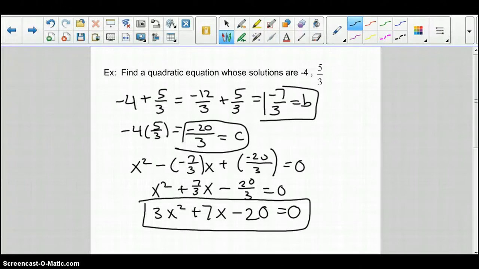Here's the first method. This is the product and sum method. So I first found my B by adding, then I found my C by multiplying. I plugged those in, and I got to this step, and I didn't really like those fractions, so what I did is I multiplied both sides by 3 and ended up getting 3x squared plus 7x minus 20.